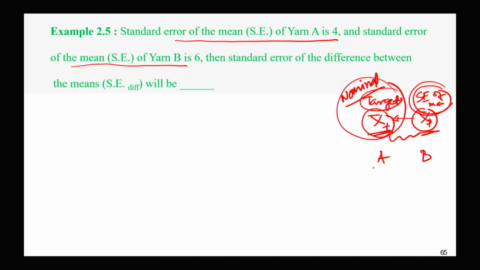But in the present case, suppose you have two machines producing a particular yarn, yarn A and yarn B. Yarn A has a certain mean value x bar A, yarn B has x bar B, standard deviation A and standard deviation B, and the number of individuals in A and in B. These are the data available.